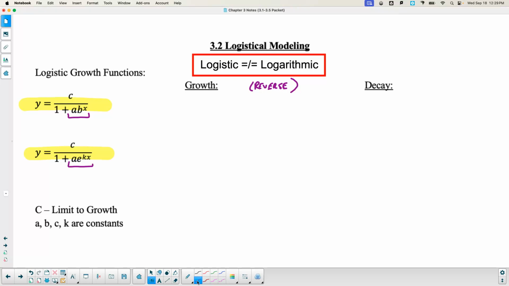So it's a growth if b is between 0 and 1, because that's an exponential decay in the denominator. If k is negative, that makes it a logistic growth. A logistic decay would have b greater than 1, and k being positive.